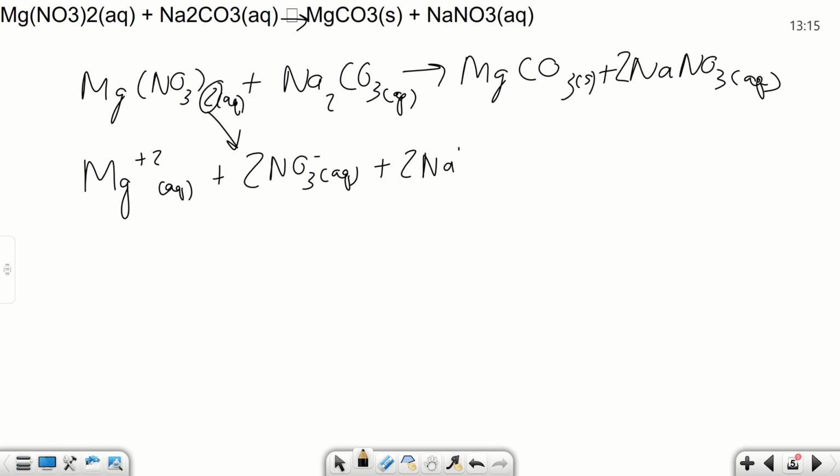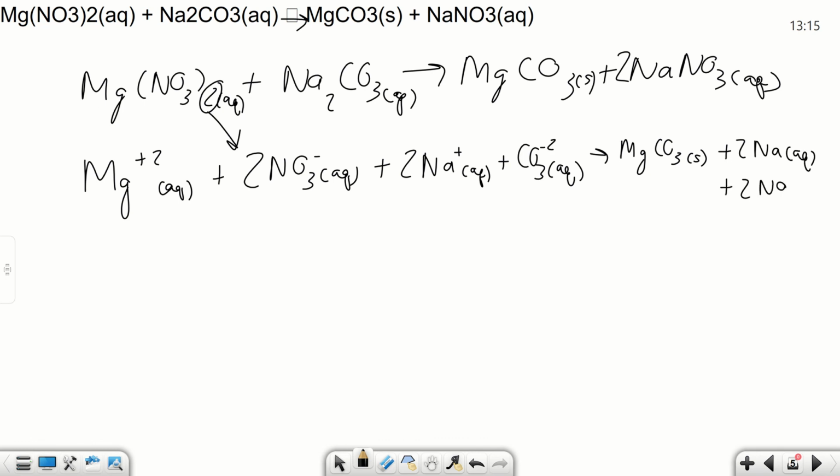So 2 Na plus aqueous plus CO3 2 minus aqueous forms MgCO3 solid plus 2 Na plus aqueous plus 2 NO3 minus aqueous. My spectator ions, the things that stay in solution, are my nitrate and sodium ions.